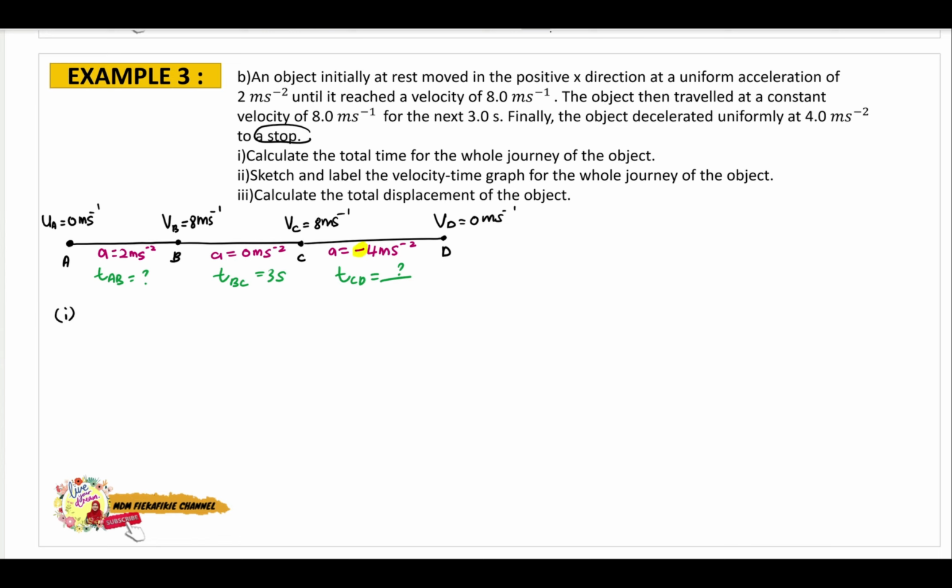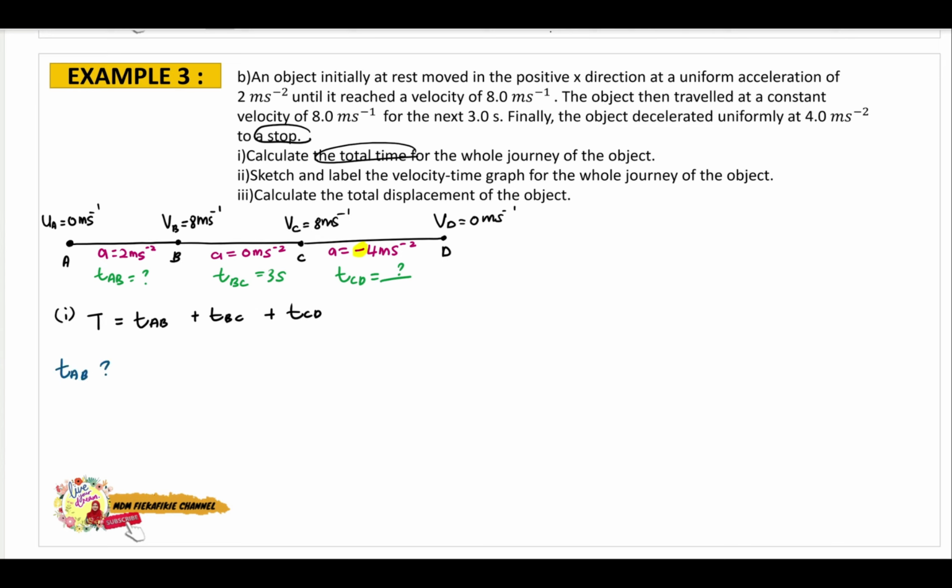So for question 1, we want to find the total time for the whole journey. That means we want to find T is equal to TAB plus TBC plus TCD. TBC we already have, 3 seconds, but TAB we need to find first.